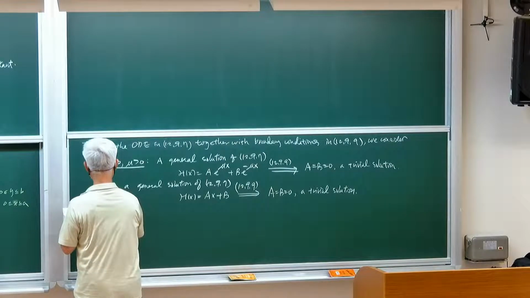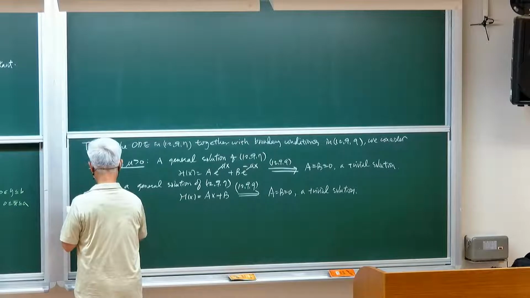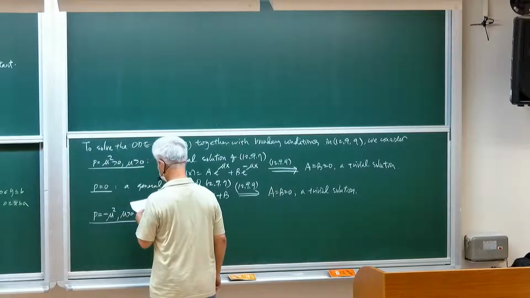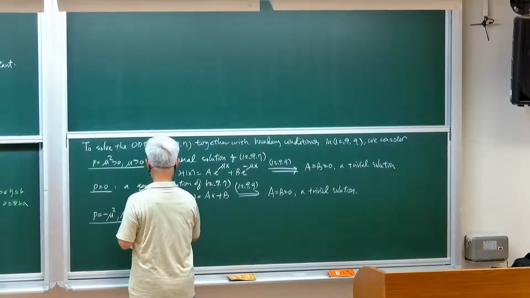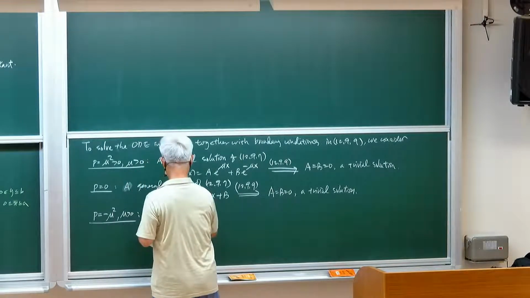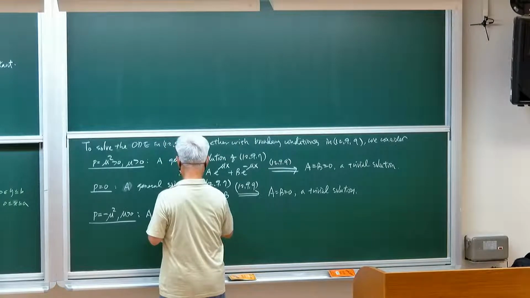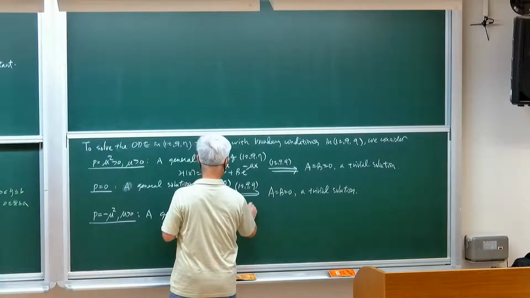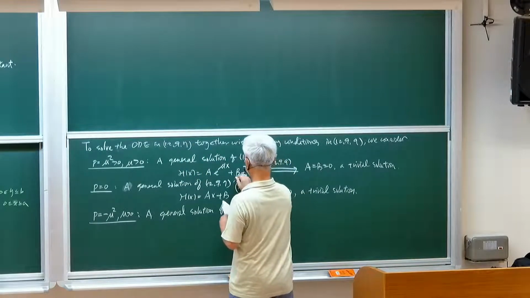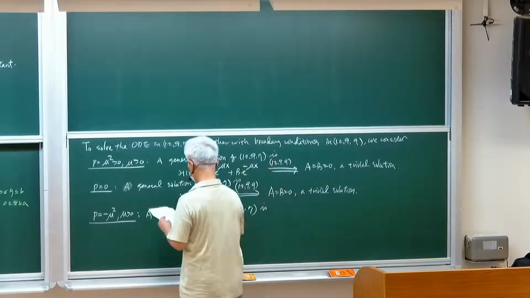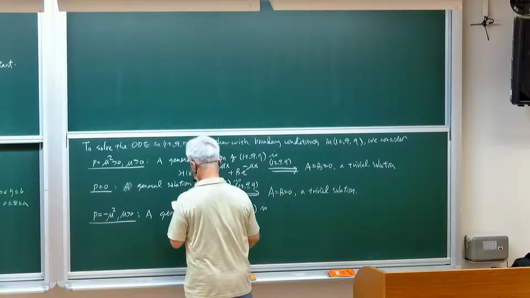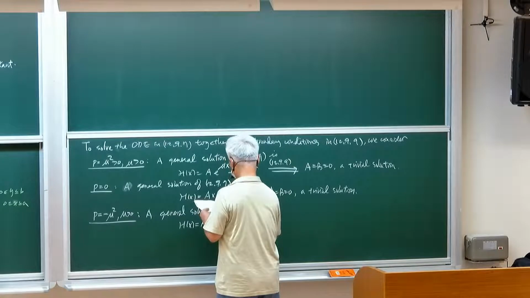All right, and for p equal to minus mu square, so when p is negative, a general solution of h(x) is equal to A cosine mu x plus B sine mu x.